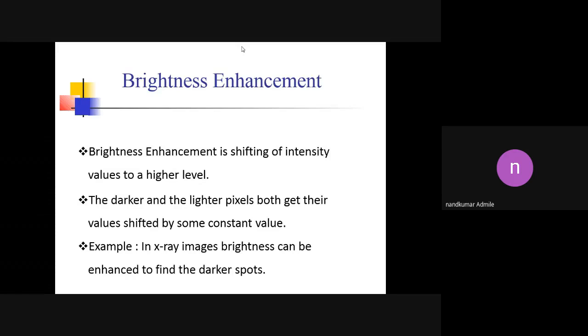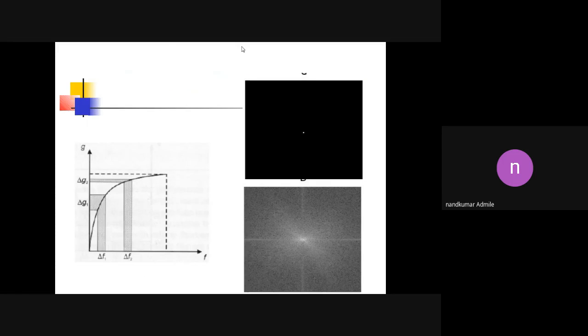If we consider one image with one white point, and we increase the intensity of that white point, it can also reflect its intensity on its background. So by using brightness enhancement, we can increase the brightness of a particular point, of a particular part of an image.